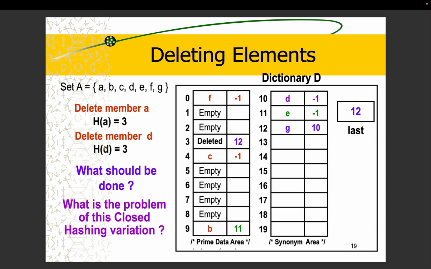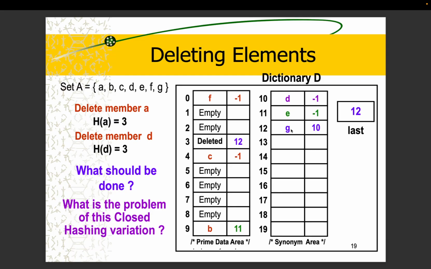If I delete letter D, what should be done? So in the previous implementation, to delete D, I would have just moved G to index 10 and updated my last to become 11. Now, in this specific implementation, because this insertion is sequential, moving my last to go back here doesn't actually work because I might end up overwriting 11.